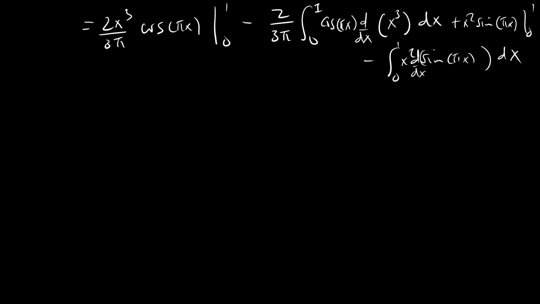Okay, so let's keep going. What do we see here is interesting. Here we have 3 pi cosine of pi, and then what do we see here?